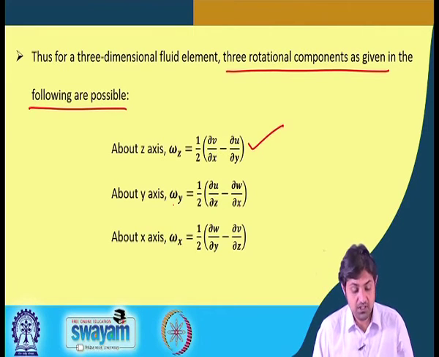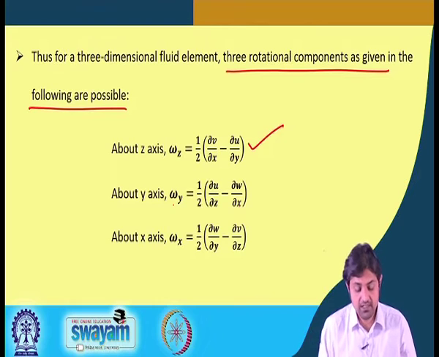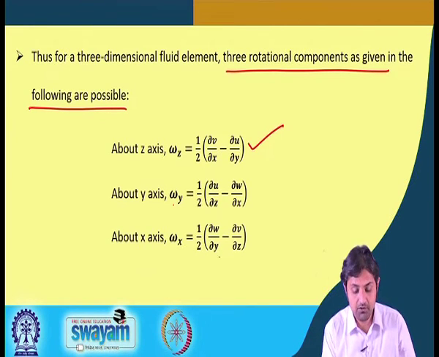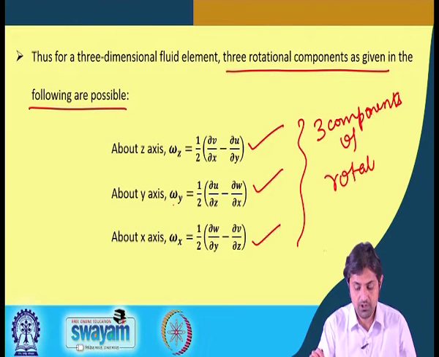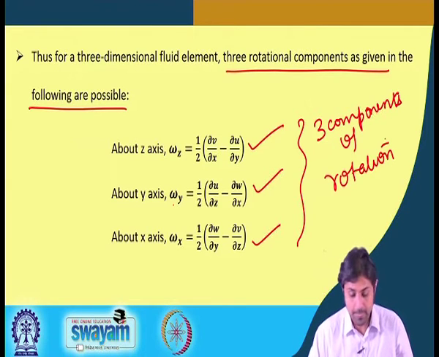And repeating the same exercise, rotation about x axis is given as half of del w by del y minus del v by del z. So, these are the 3 components of rotation.